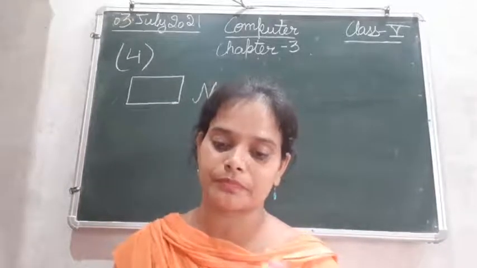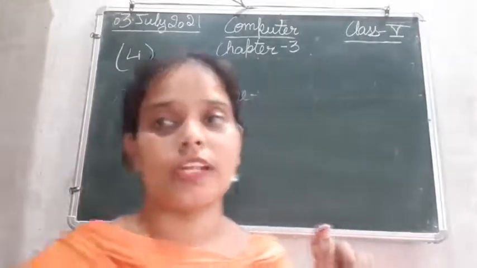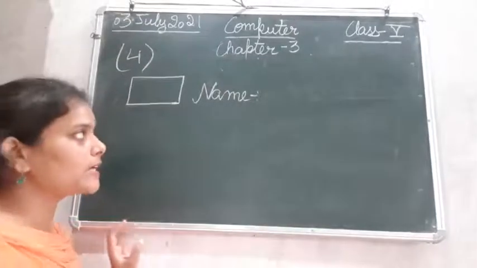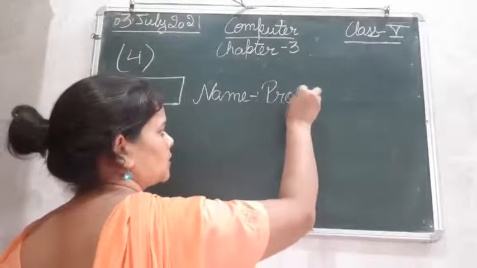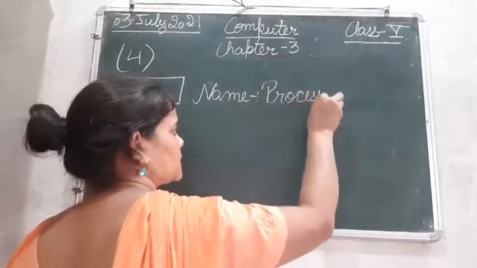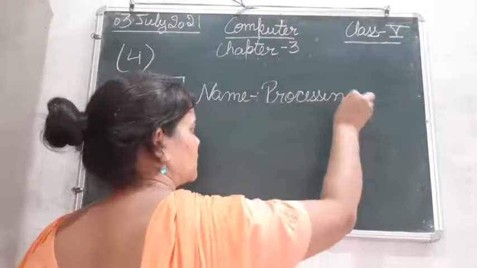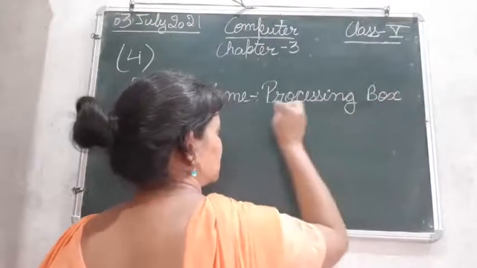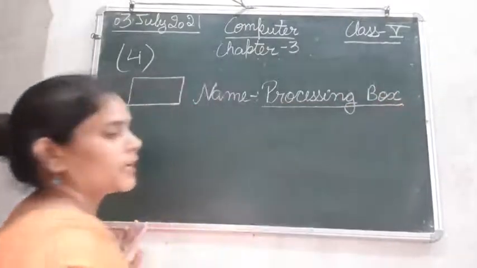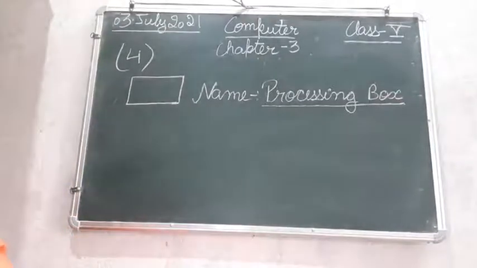So what is the name of this box? That is the processing box. So the rectangular shaped box is known as the processing box.